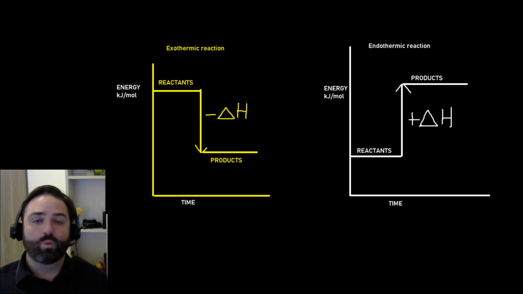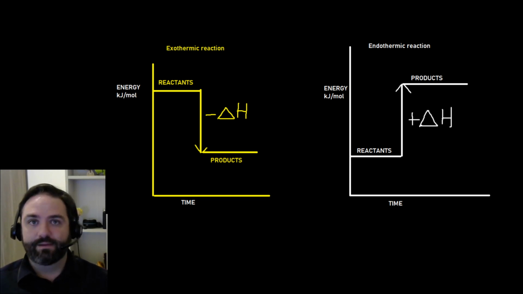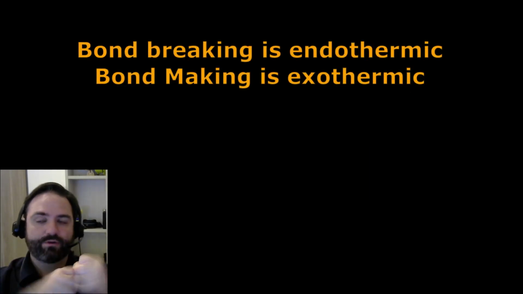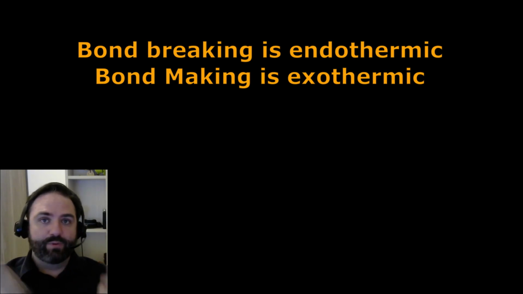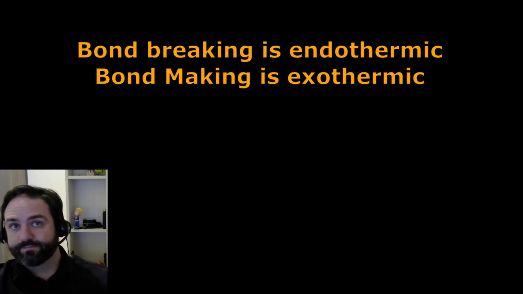What numbers? Well, when we want to break chemical bonds, we have to put energy in. So bond breaking is endothermic. It takes energy in to break a bond. And whenever we do a chemical reaction, the first thing we have to do is break our chemicals apart.